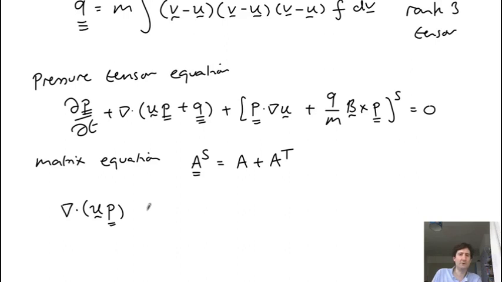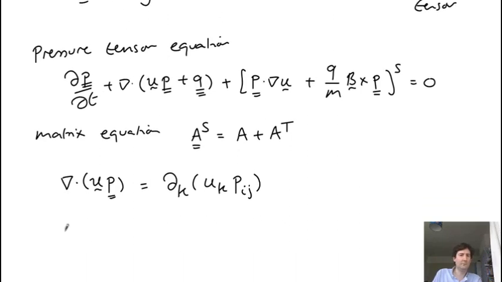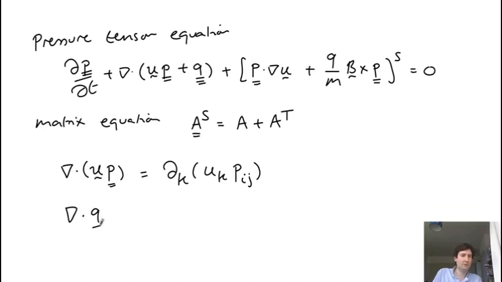If you write it in index notation, it would be something like d_k, so it's adding up over the k index, where k corresponds to the velocity here, and p_ij. Similarly, when we have divergence of q, now q is a rank 3 tensor, and it's again contracting over the first index.